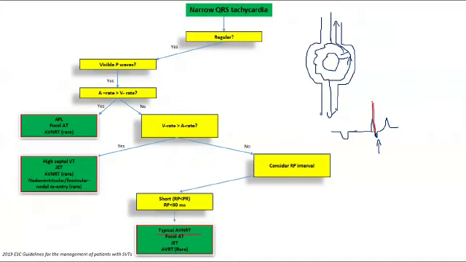So typical AVNRT is called a slow fast AVNRT. And the reason why it's called a slow fast AVNRT is because you have antegrade conduction down the slow pathway and then retrograde conduction up the fast pathway, which causes simultaneous activation of the A and the V, right?